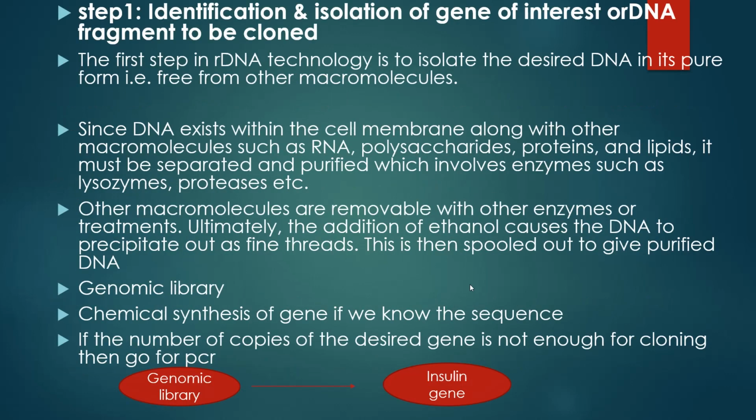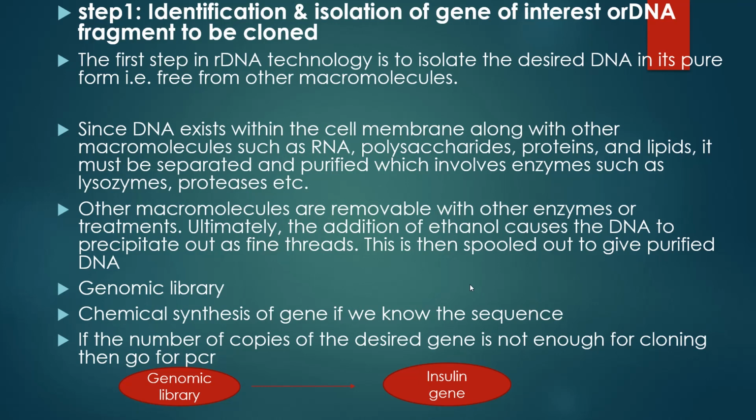And next, the first step. The first step says identification and isolation of the gene of interest. So the first step in rDNA technology is to isolate the desired DNA in its pure form, meaning free from other macromolecules.